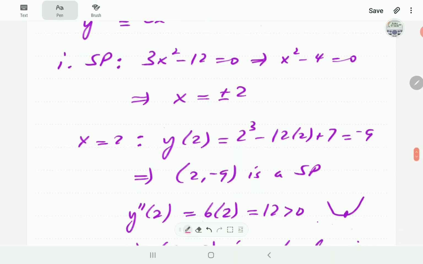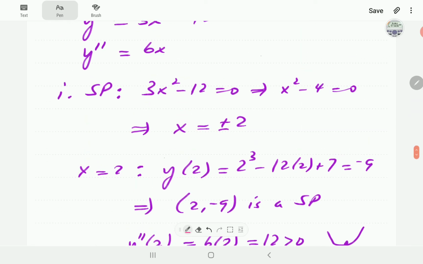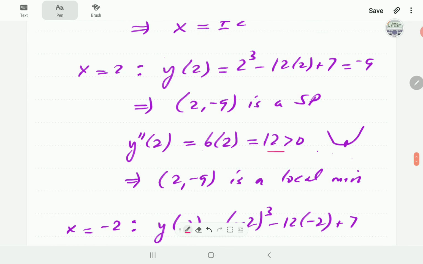So if we go into x equals 2, we find that y is going to be negative 9. So 2, negative 9 is a stationary point. If we plug in 2 into the second order derivative, then we find that the second order derivative is positive, which means the graph is concave up.